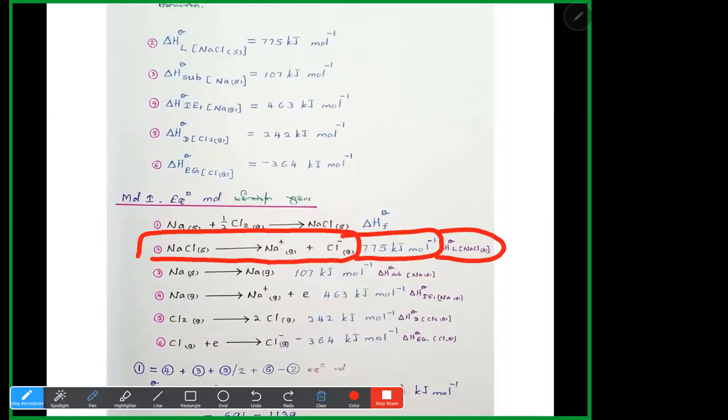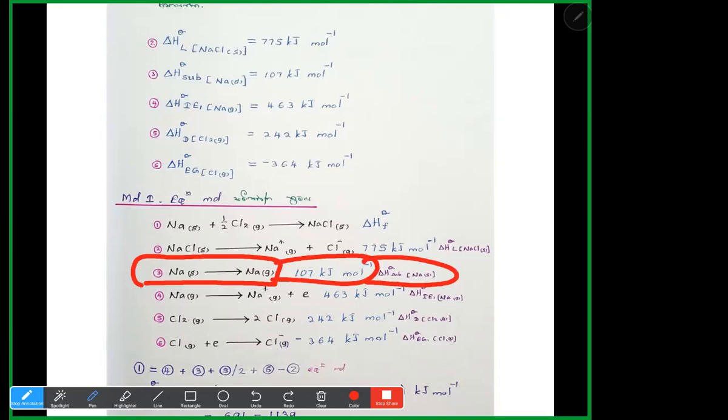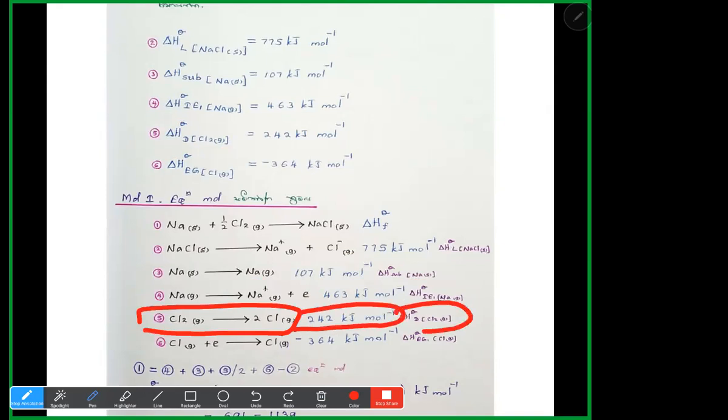Then the next one, sodium sublimation, that is sodium solid goes to sodium gas, then the value and the symbol. First ionization energy of sodium, very easy, we can write. Sodium gas is going to sodium plus electron, the value and the symbol. Dissociation enthalpy of chlorine, Cl2 goes to 2Cl, that is this, and then this value.